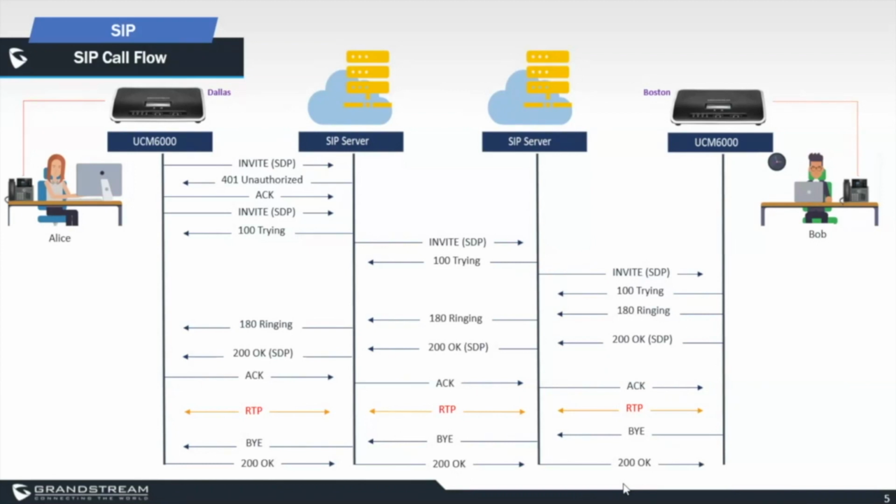And response code 180 is different than response code 183. Sometimes you will have 183, which is also a very common response code, and this code 183 is used to transmit ringback tone as audio traffic. So sometimes when you make a phone call and you don't hear ringback tone until the remote person picks up the call, that's because you're using 183.